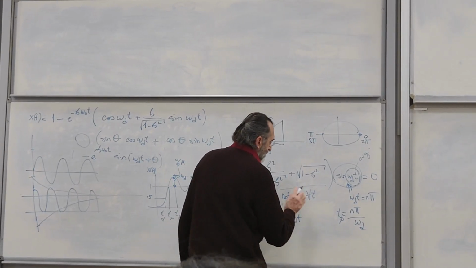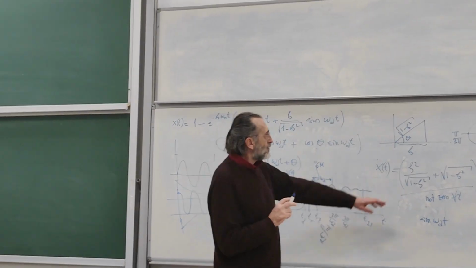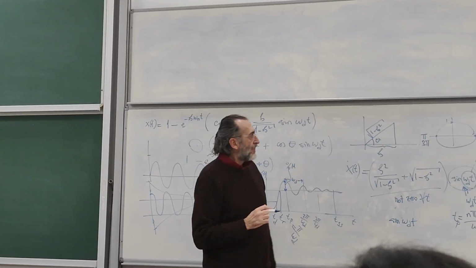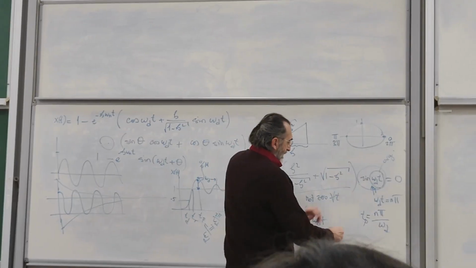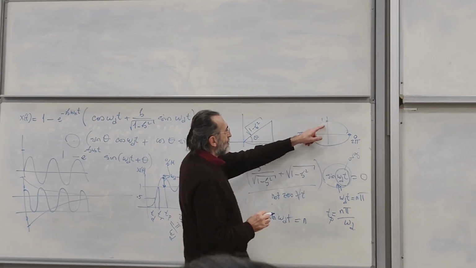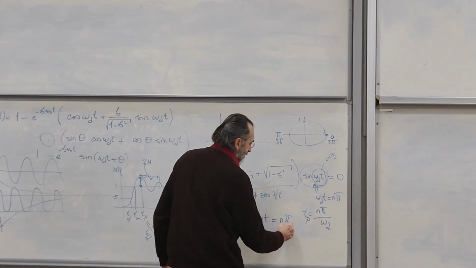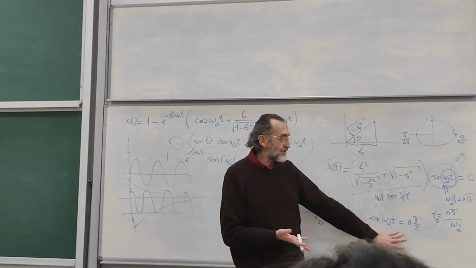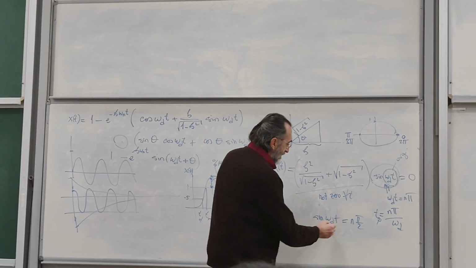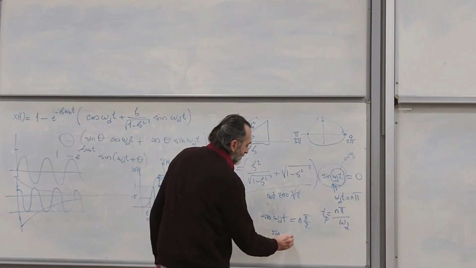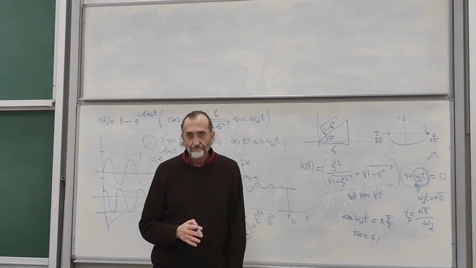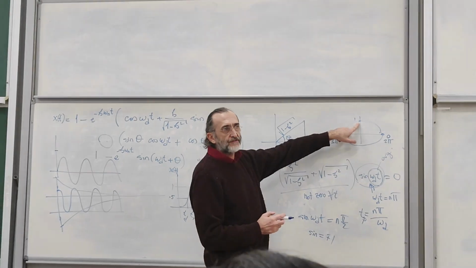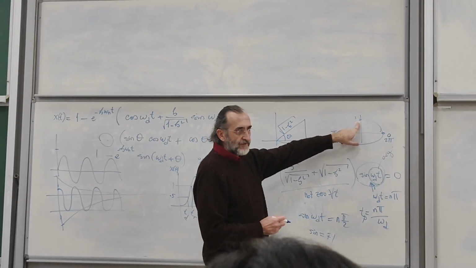Any sine of omega d t, for example, is going to be equal to 1 by the same logic, on the unit circle, when the argument is an integer multiple of pi over 2. Not that we're going to need this here, but the same argument applies. Then sine is equal to plus or minus 1. If it's an odd multiple of this, then it's going to equal plus 1.